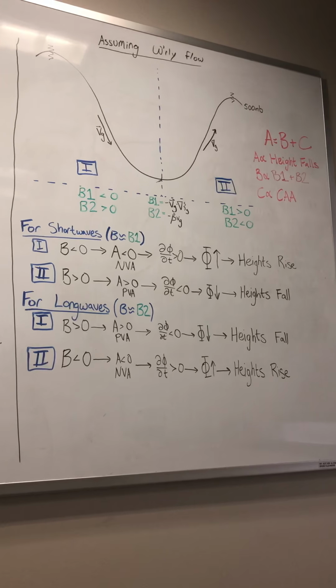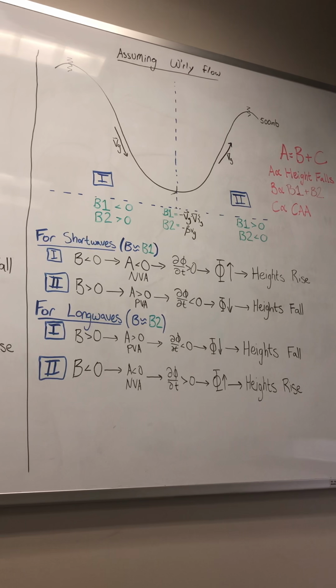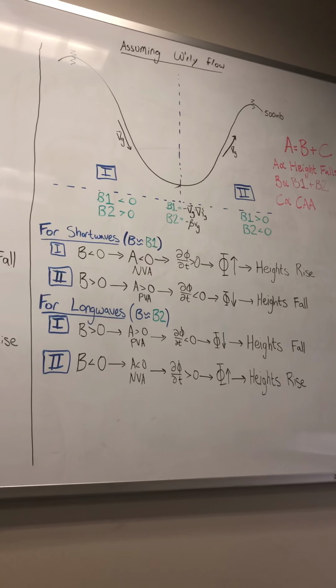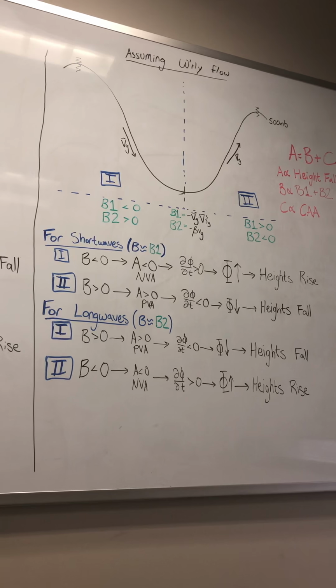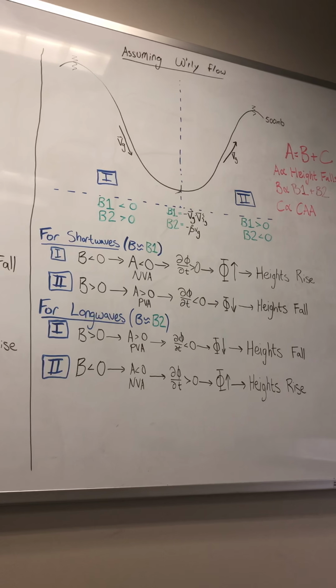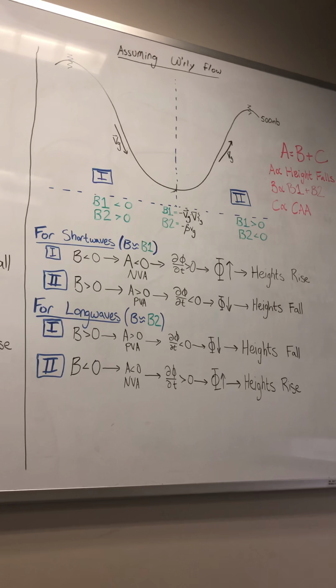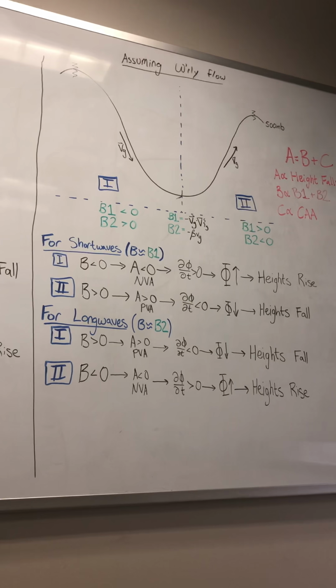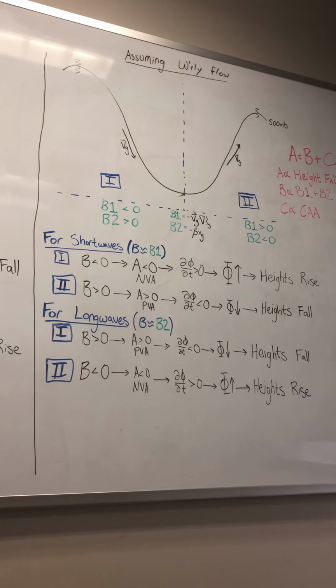In region 1, upstream of the trough, heights rise because B is less than 0, A is less than 0, the change in the geopotential with time is greater than 0, meaning that heights rise. And in region 2, we saw that heights fall because B is greater than 0, A is greater than 0, which means that d phi dt is less than 0, and overall geopotential falls.